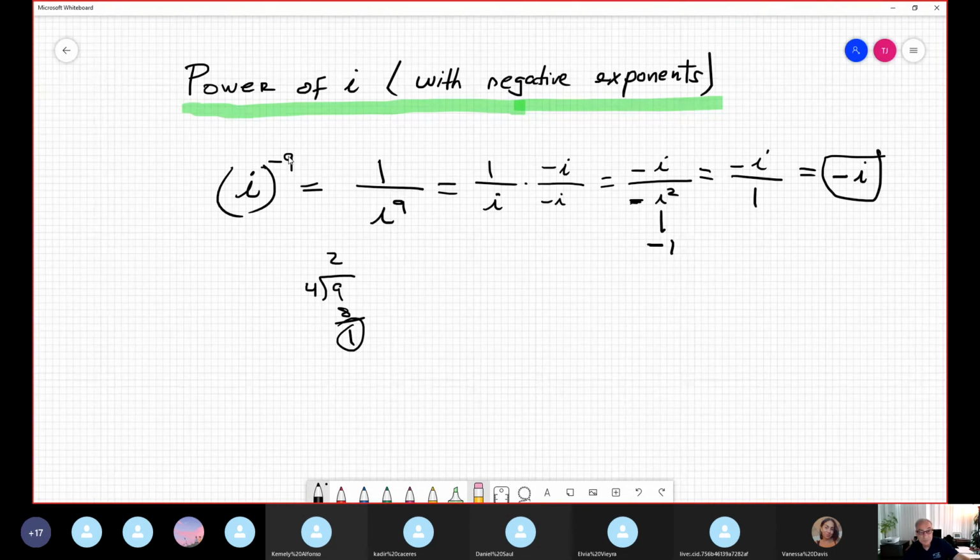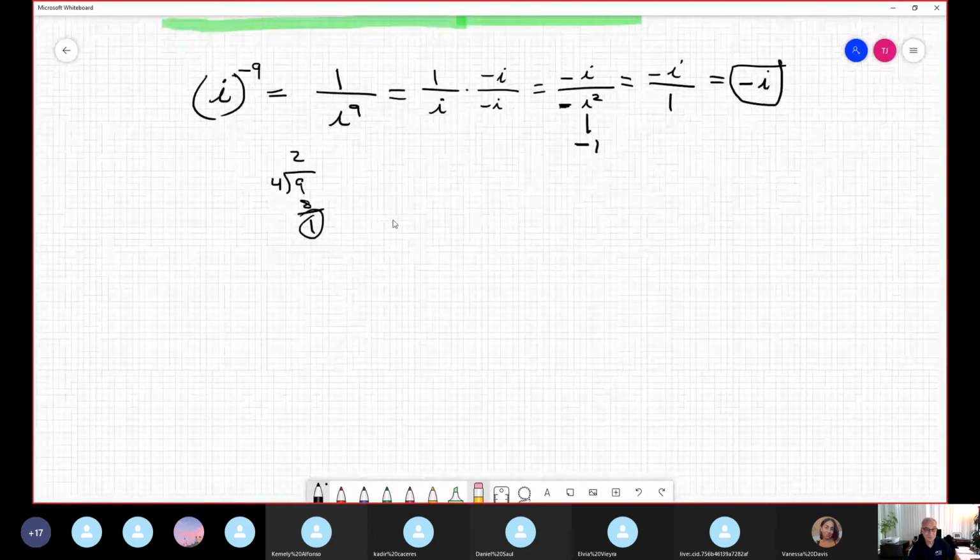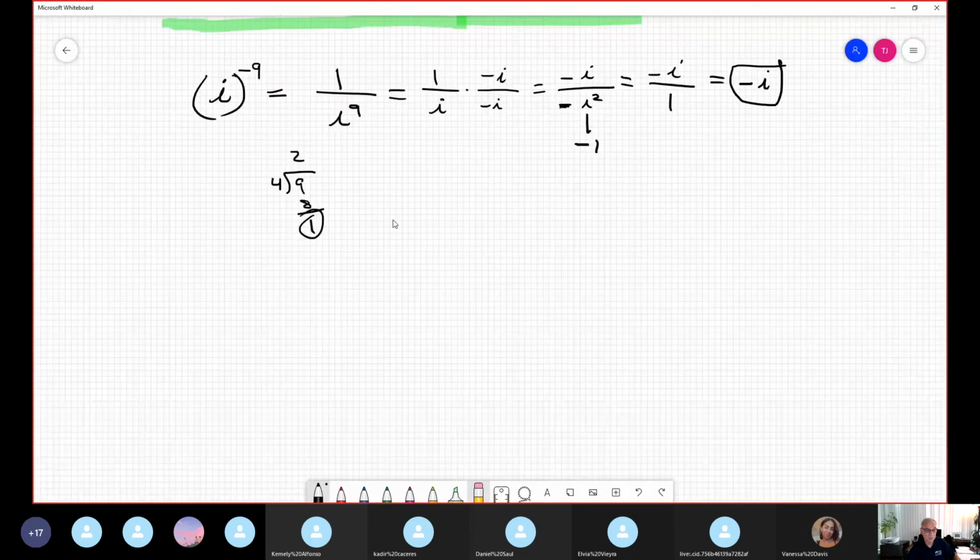Do you see that? So it's similar. The only difference is that when you have a negative exponent, negative exponent means reciprocal. Suppose another example: i to the negative 13 power. It's 1 over i to the 13 power, positive. So flip it, reciprocal.